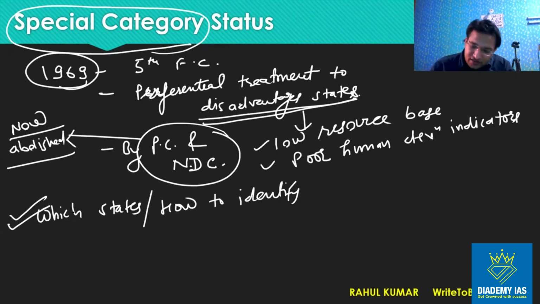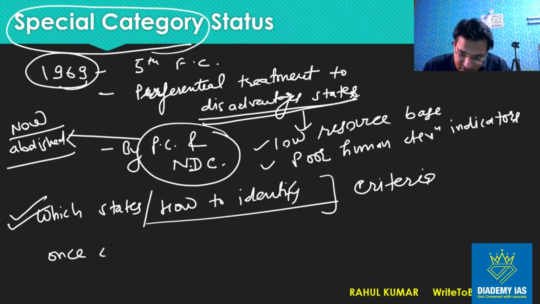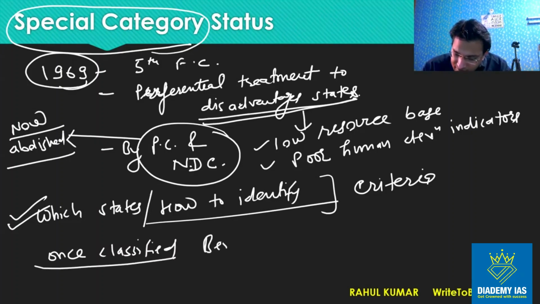Right? So this is how we identify. So there is a predefined criteria. And now, once they are classified as a special category, there are some extra benefits which they get, right?